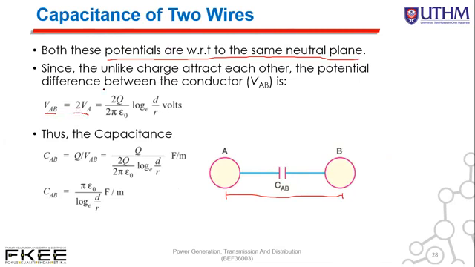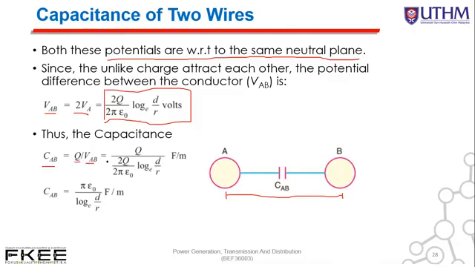It is 2Q over 2 pi epsilon naught log d over R. From here we can calculate the capacitance, that is CAB equal to Q divided by VAB.